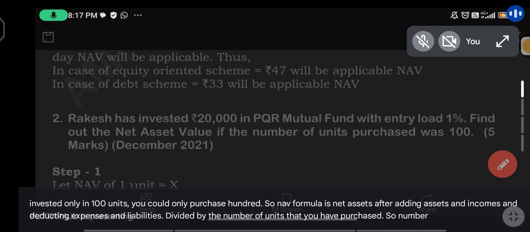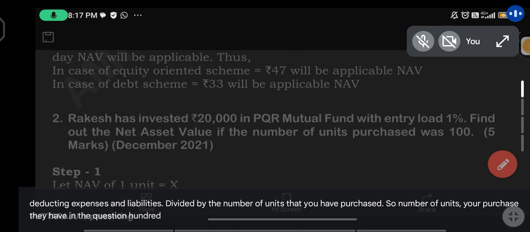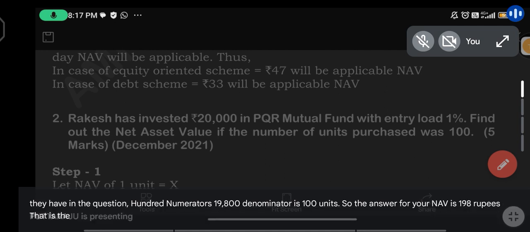So number of units you have purchased, they have given in the question, 100. Numerator is 19,800. Denominator is 100 units. So the answer for your NAV is 198 rupees. That is the straightforward answer for the load-based question.